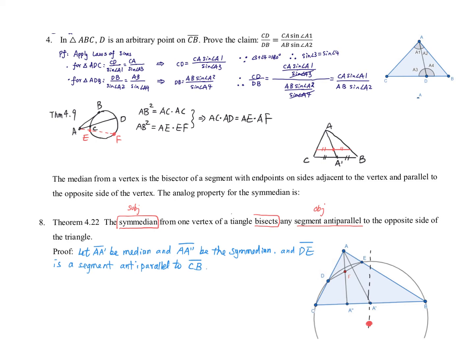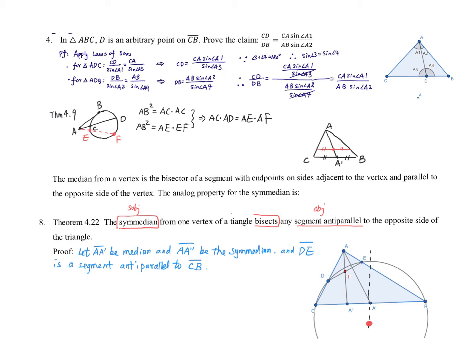Please note that antiparallel segment means it's the opposite side of a cyclic quadrilateral. That's why there's a circle here. I'm just trying to help you understand where this segment is from.